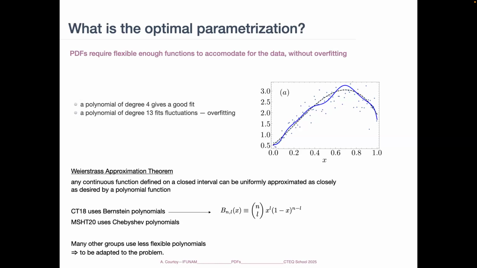And MSHT uses Chebyshev polynomials, which are orthogonal polynomials in that case. Some other groups use less flexible polynomials, and depending on the problem you have, you can adapt a solution. But actually with CT, we have come up with a better idea, which is to use an extension of the Bernstein polynomials, called Bezier curves. I'm not talking about that now, but I can show you a few things if you like.